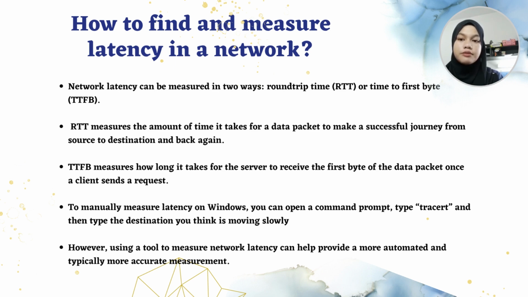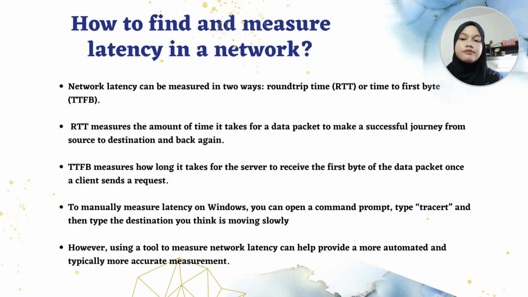RTT measures the amount of time it takes for a data packet to make a successful journey from source to destination and back again. TTFB measures how long it takes for the server to receive the first byte of the data packet once a client sends a request. To manually measure latency on Windows, you can open a command prompt, type tracert, and then type the destination you think is moving slowly.